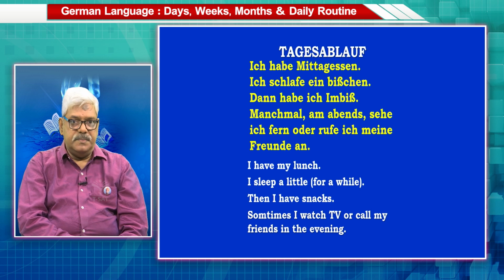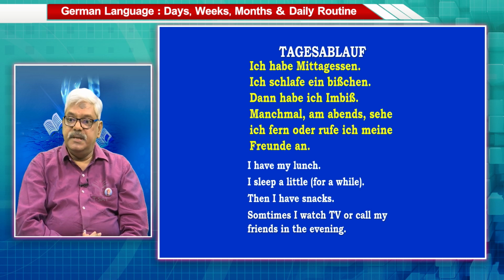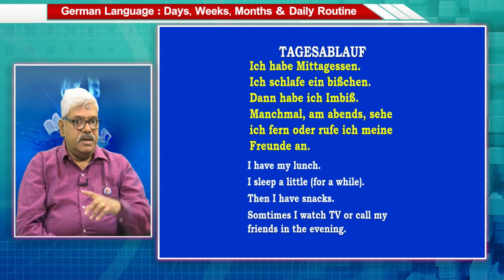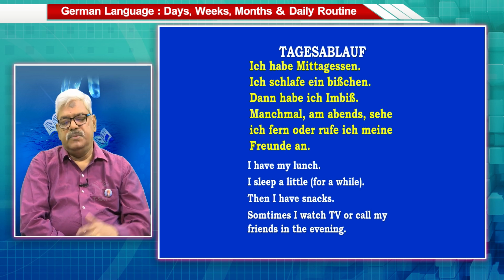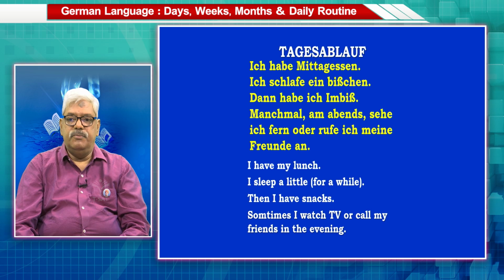Now here, observe that I did not write the sentence, then I wake up at 3 o'clock, 4 o'clock, whatever it is. Because already I gave you the sentence to wake up. So you can use the very same sentence. What is it? Ich stehe so und so Uhr auf.